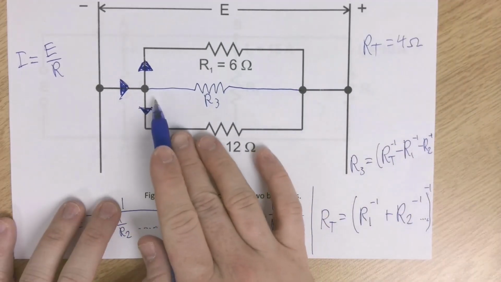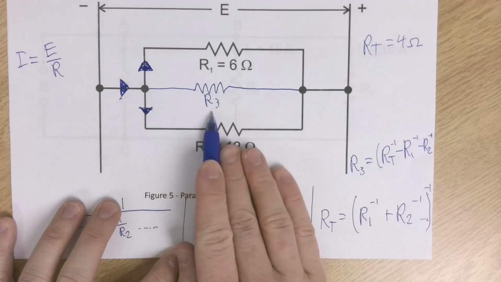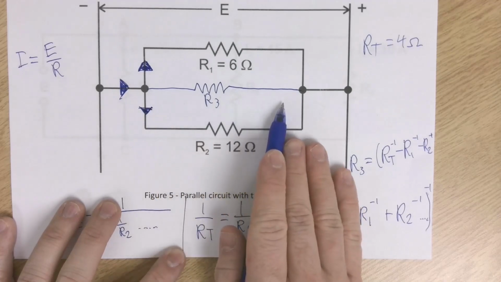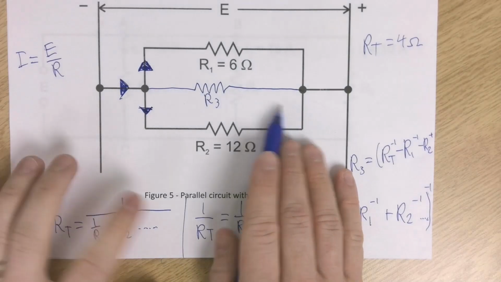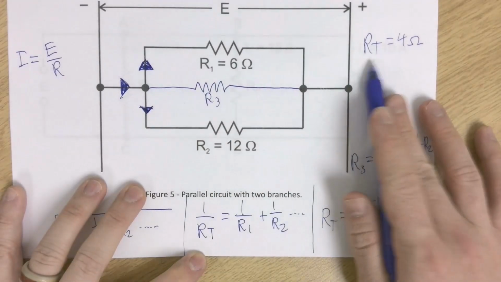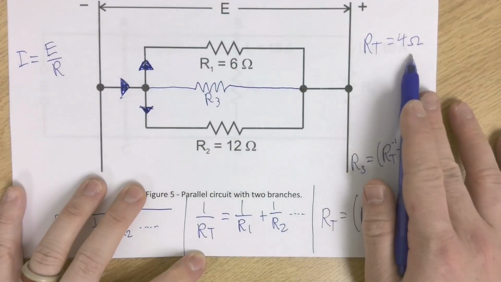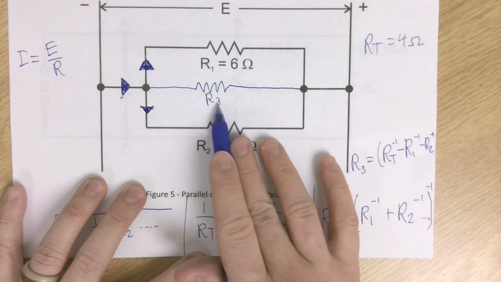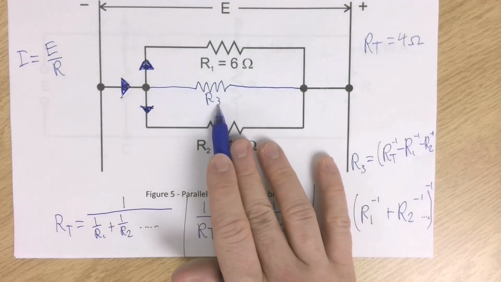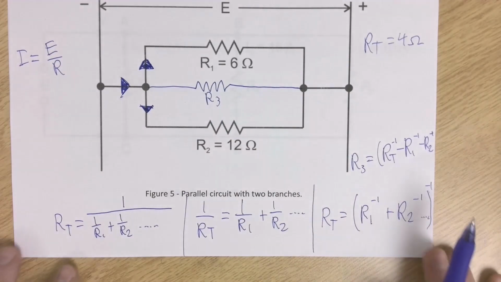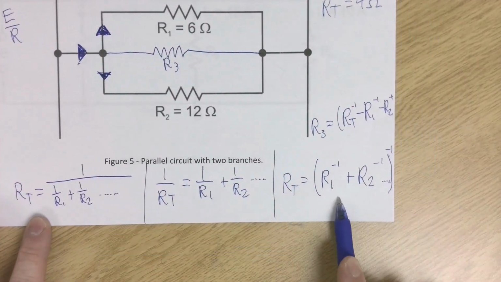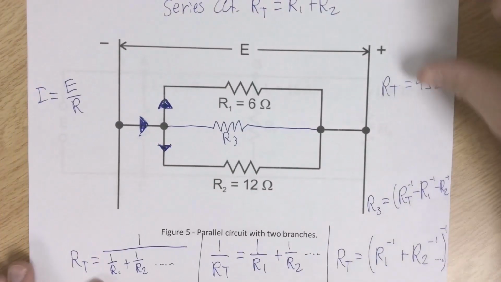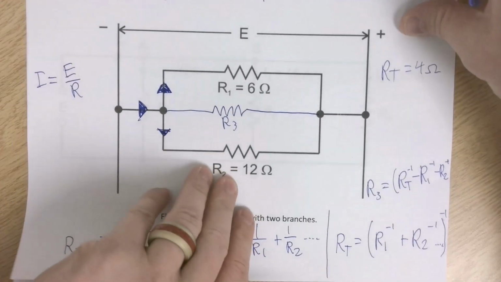And if we went with this hypothetical third resistor that I drew into the diagram, that would mean our total will be less than 4 ohms, because I added another resistor in parallel. So I like to present this third formula. Calculating resistance in parallel can be something that trips up some students.